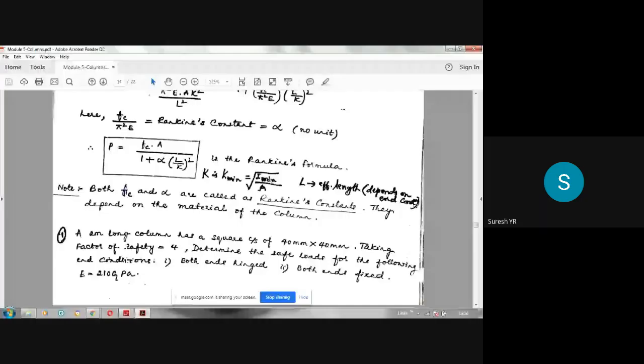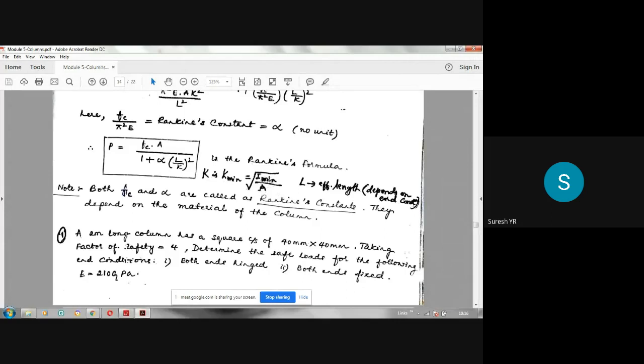One is BD cube by 12, another is DB cube by 12, because width and depth are different. In a square column there is only one value of I, so Ix and Iy are equal, and you can take any one of them for K minimum. But in the case of a rectangular column, you have to take the minimum value of I, whichever is minimum, and substitute it in this formula, where A is the area of the column, to get the value of K in millimeters.